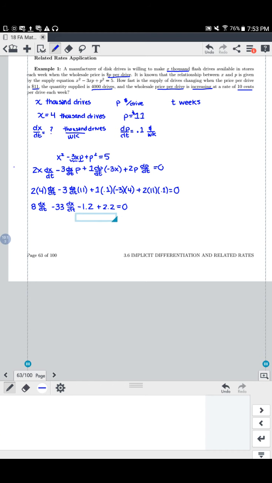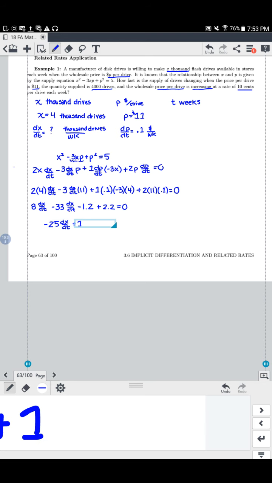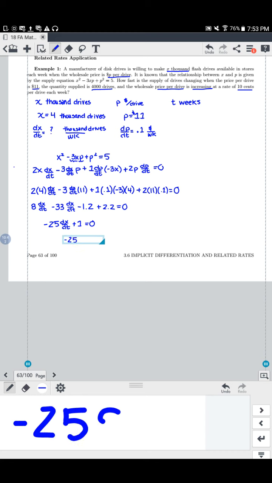So we can combine what we have here. We have 8 dx/dt and we subtract 33. So we're at negative 25 dx/dt. And then we have negative 1.2 plus 2.2, which is just 1, equals 0. So now I've plugged in, combined like terms, and now I'm going to get dx/dt by itself by subtracting 1.